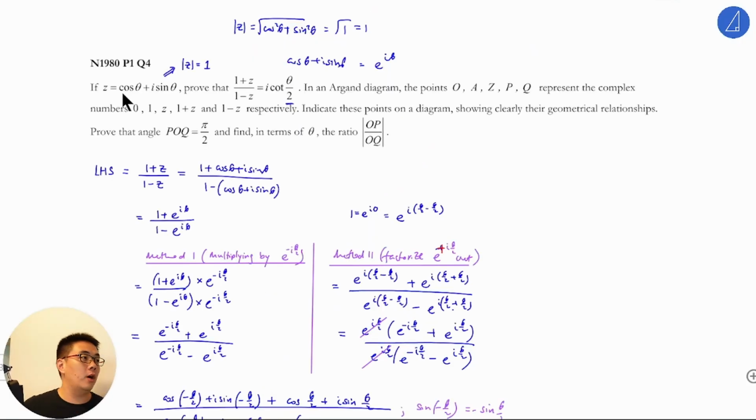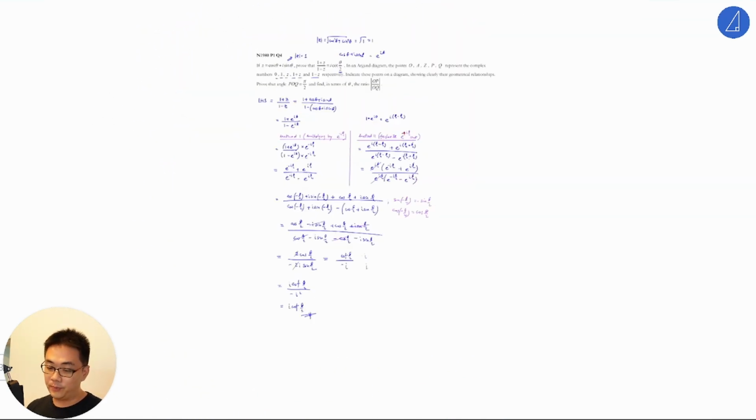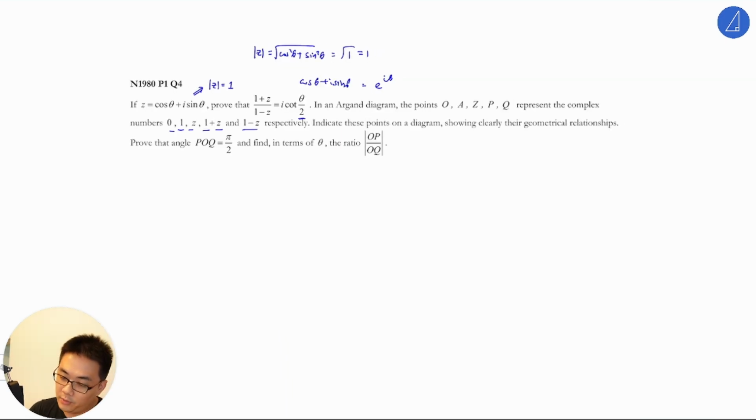Now, so you have got 0, z, 1, z, and 1 plus z, 1 minus z respectively. Then you're told to indicate O, A, Z, P, Q on the Argand diagram. So try and draw to scale. First of all, we already established, right?